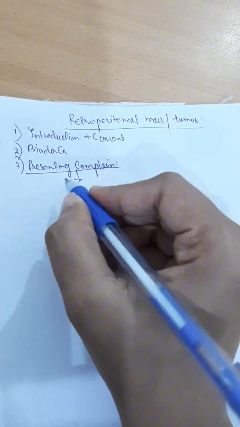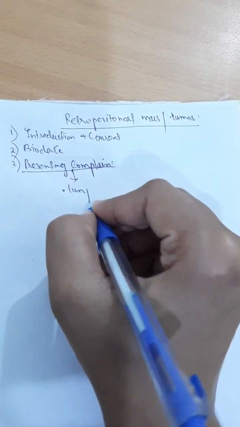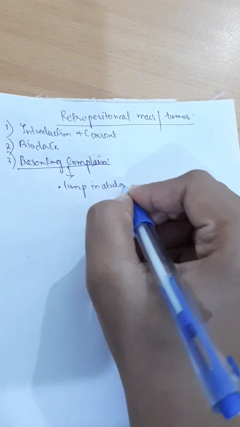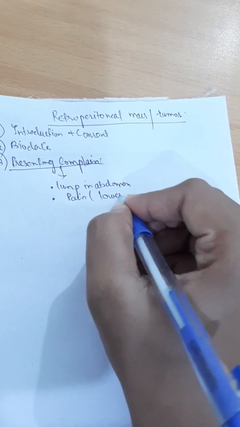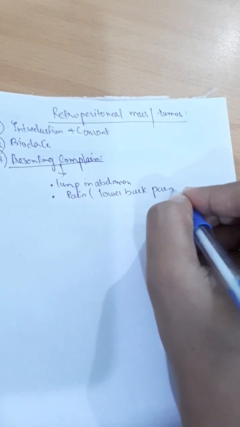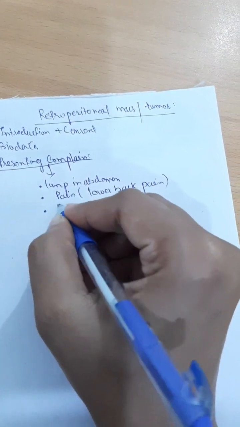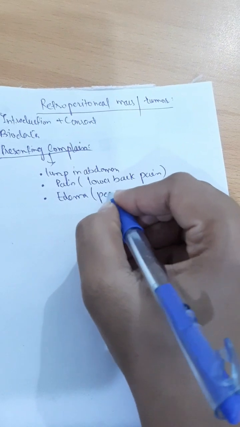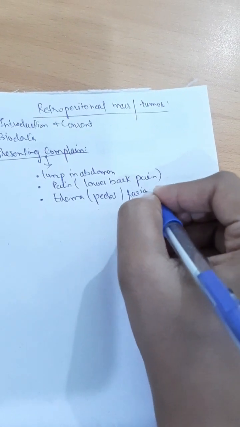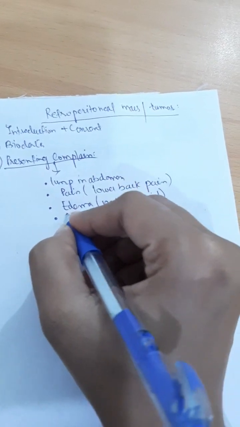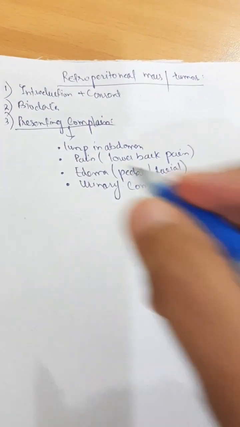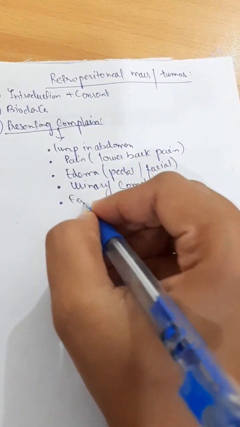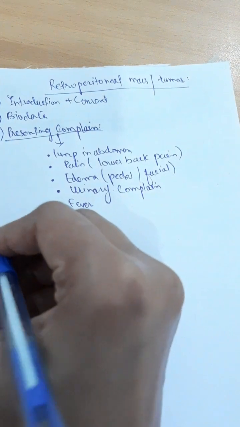The patient usually presents with a lump in the abdomen, pain, basically lower back pain, edema, pedal edema or facial edema, urinary complaints like increased frequency, urgency, nocturia, difficulty in micturition, and fever. So let's talk about the lump first.